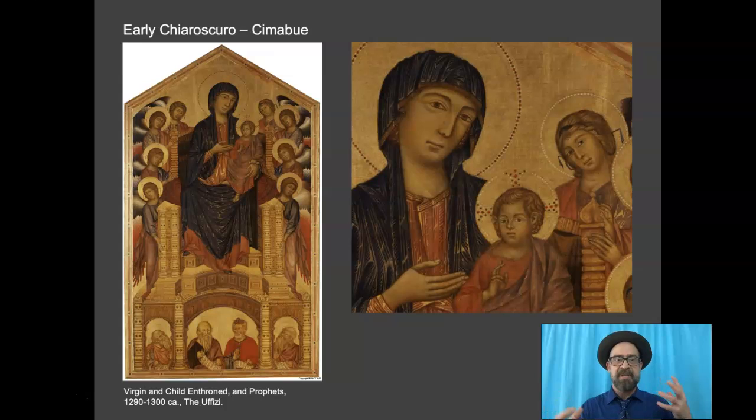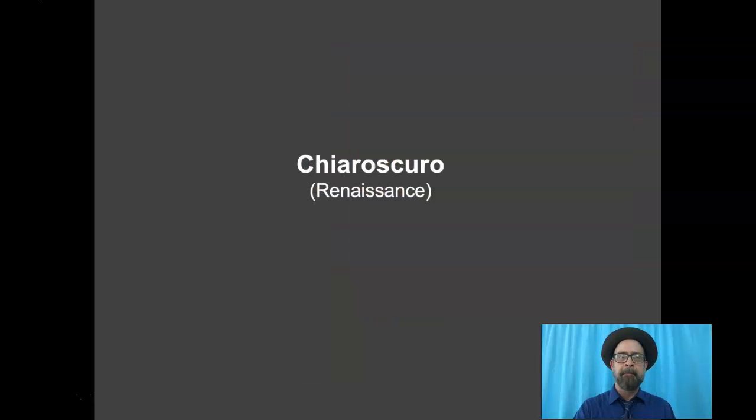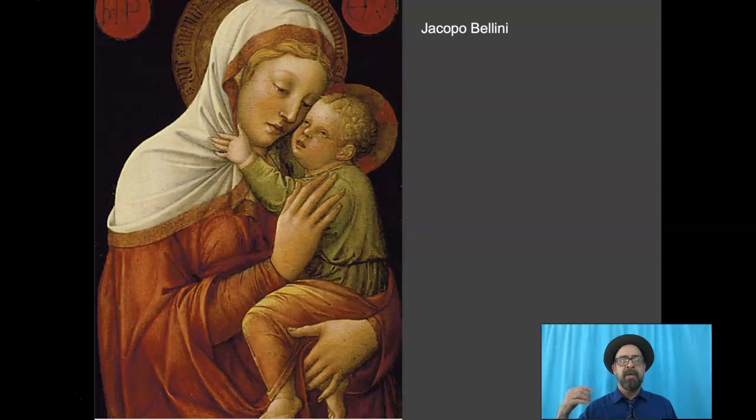You can start to see the development of that plastic use of highlights and shadows on these figures to give them a bit of depth. Not much, but a little bit. All right, and so, when the Renaissance kicks into full gear, you get artists like Bellini who are really pushing shadows and that plastic use of space on a two-dimensional surface.